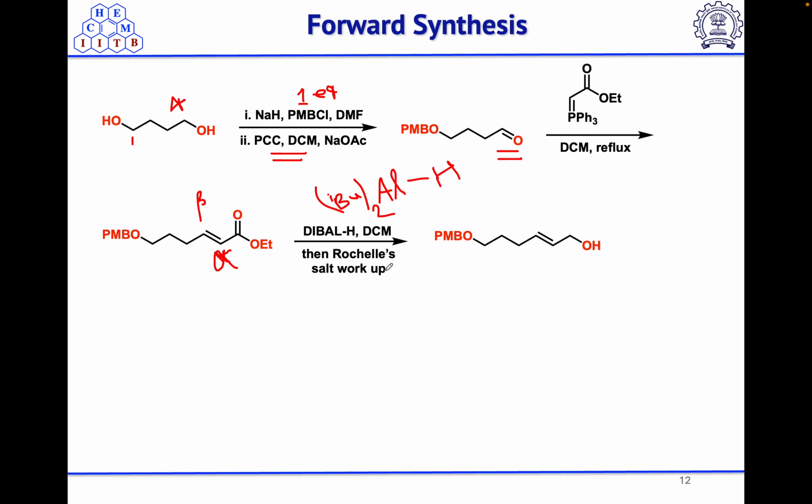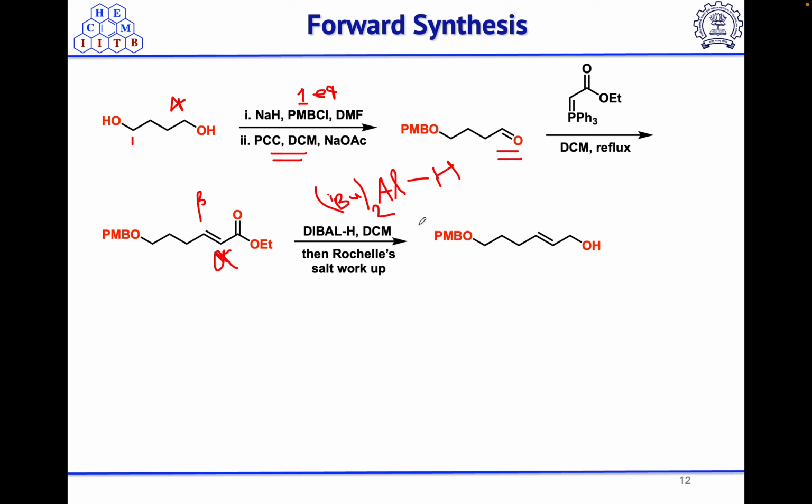This Rochelle salt is basically sodium potassium tartrate. That Rochelle salt will destroy the emulsion, and it will give you two clear solutions, water and your organic solvent.